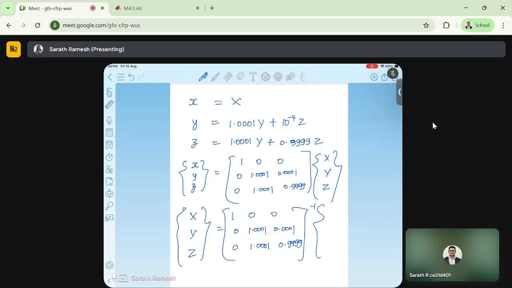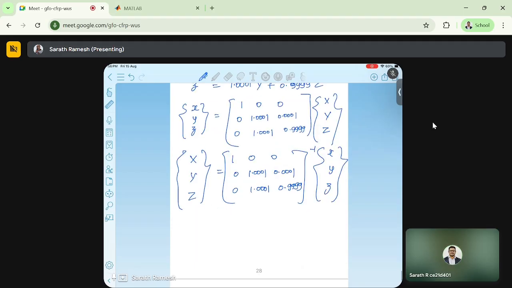Inverse of small x, small y, small z. What is this? Inverse of this what? Let's go with MATLAB.